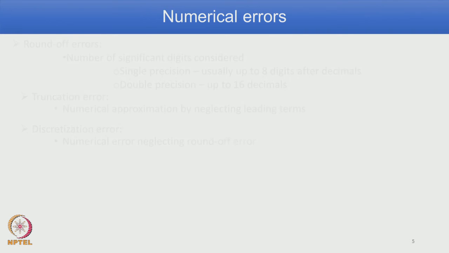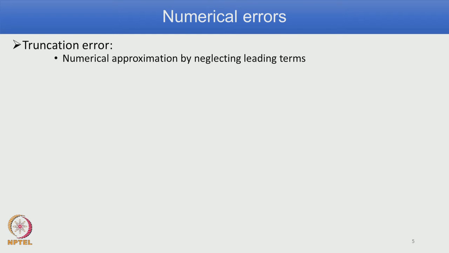For truncation error, we specify which terms we consider while writing the finite difference form of the governing equation. You can consider terms up to some order in the expansion, and then neglect the remaining terms.